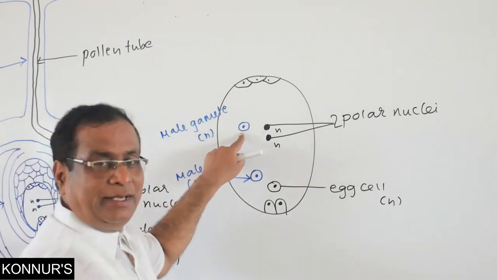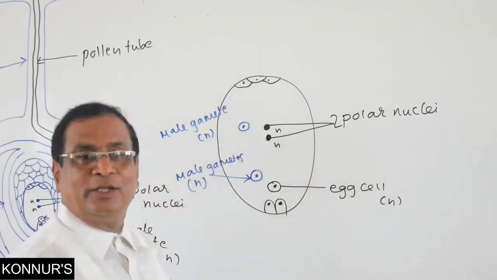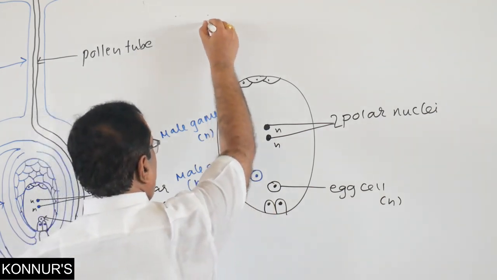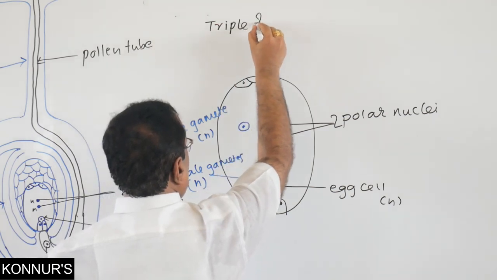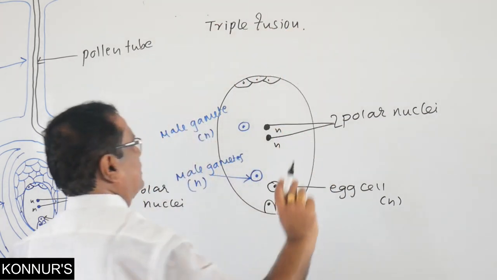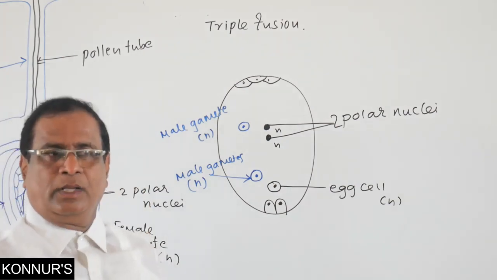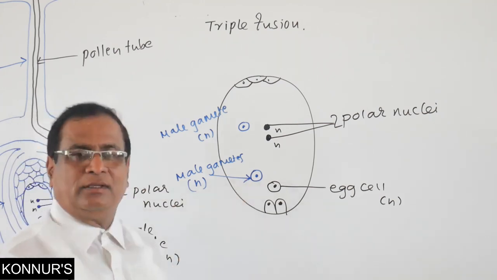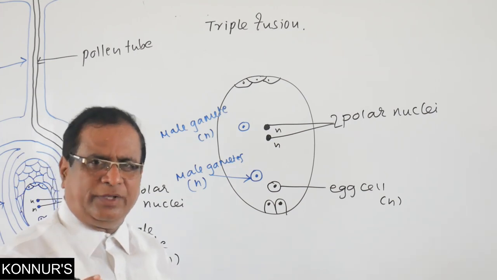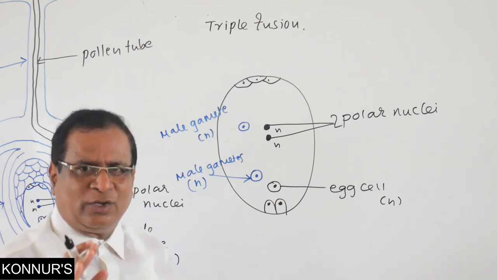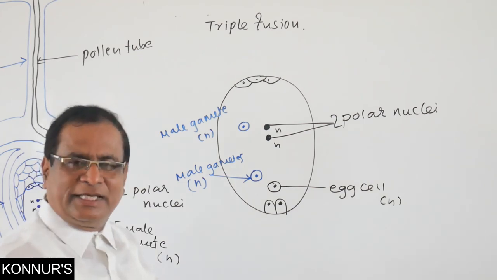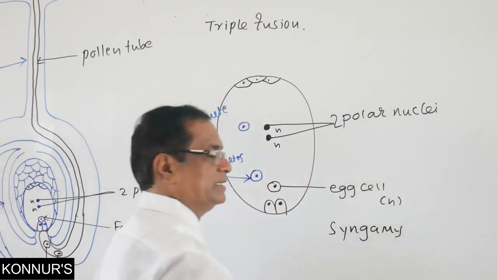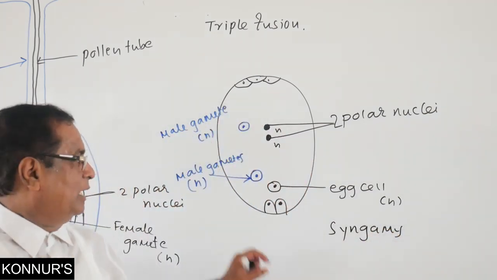As three haploid nuclei get fused, it is said to be triple fusion. And this other male gamete fuses with the egg cell, leading to the formation of a diploid zygote. That is said to be syngamy.